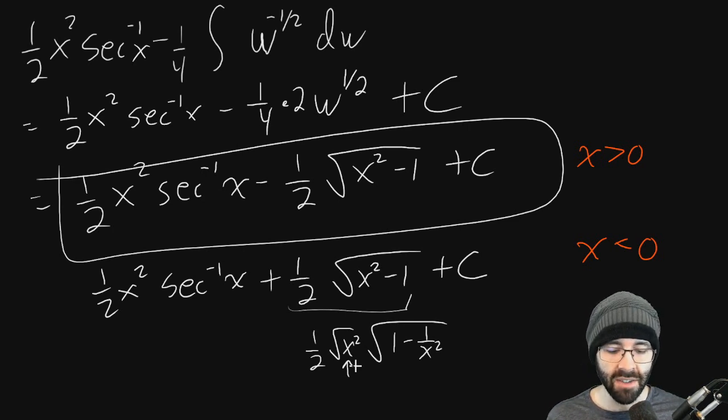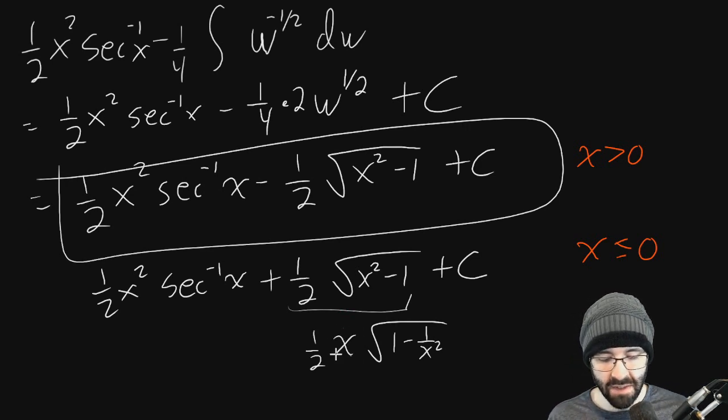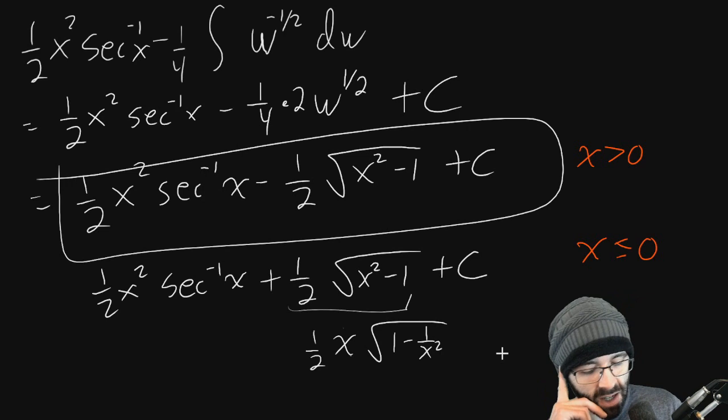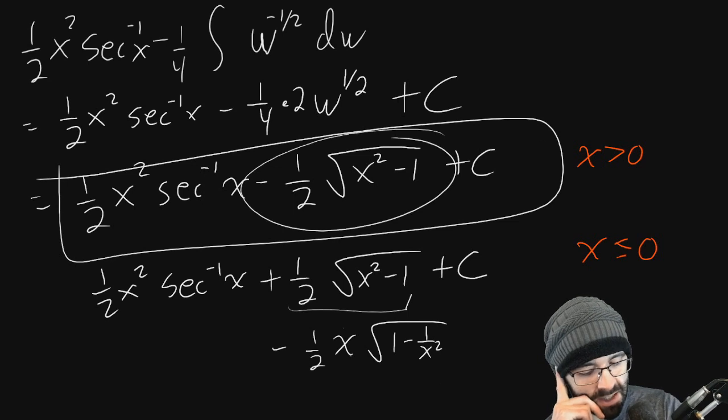It's absolute value of x, really. But if we want to really just make it work, then what we can do is just put this as straight up x to combine both of our answers. Because if we write it this way, if x is positive, then we do indeed get this.